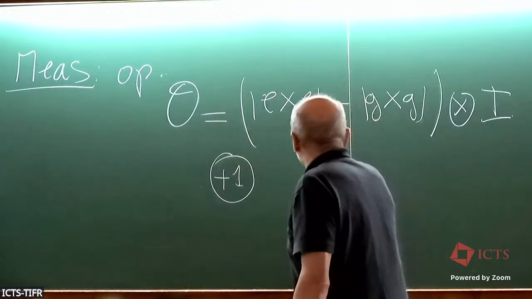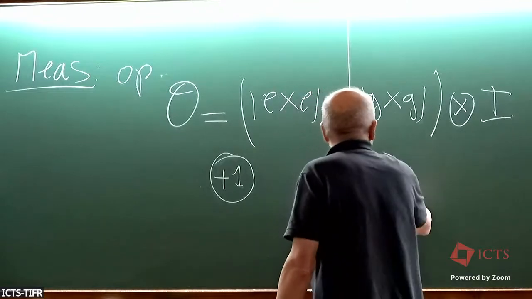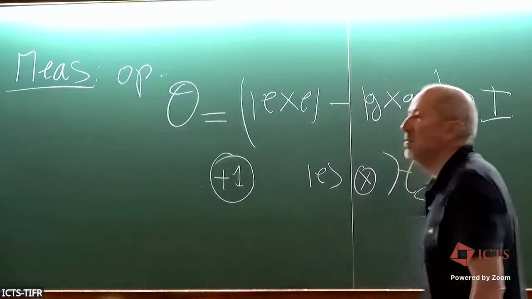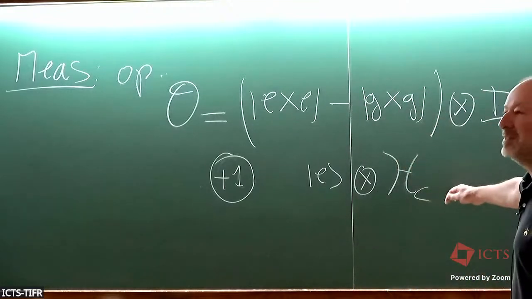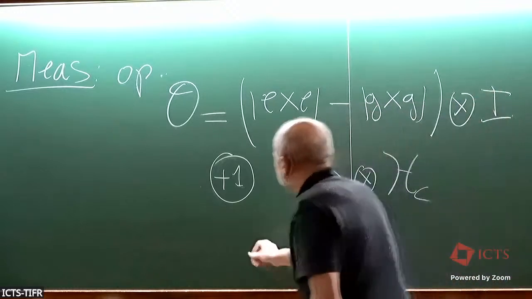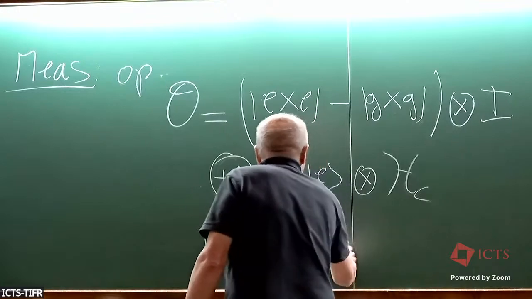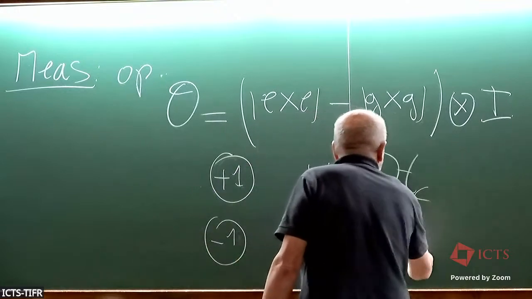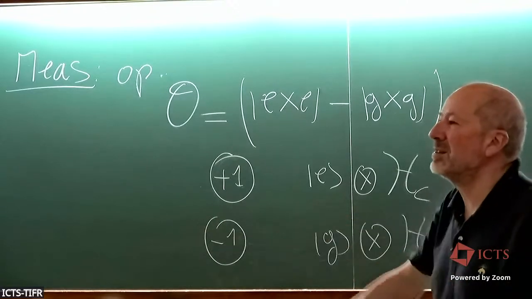For +1, it is E tensor the full eigenspace on the cavity. It is infinite dimensional. And if it is minus 1, it is G tensor the full space. So it is highly degenerate.